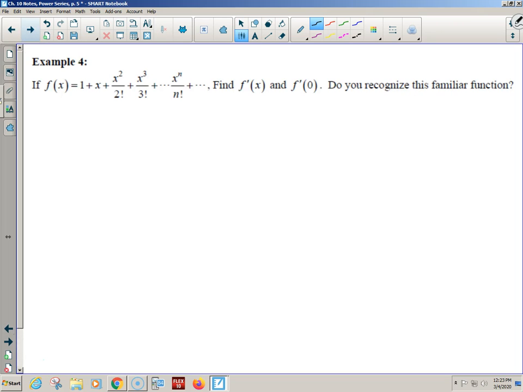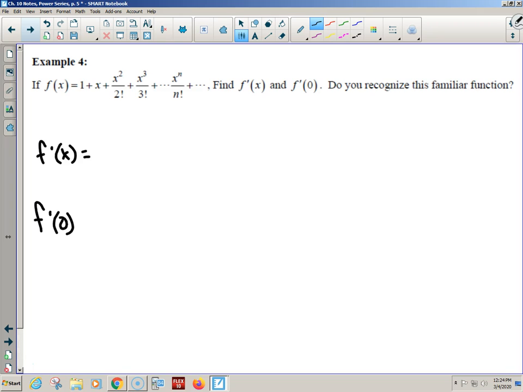What about this one? Is it Maclaurin? Yes, because it's just x, so it's x minus 0, and it's given to us, so we know it's centered around 0. What are they saying about f prime of x and f prime of 0? How do we find f prime of x of a power series? Can't we just differentiate it?